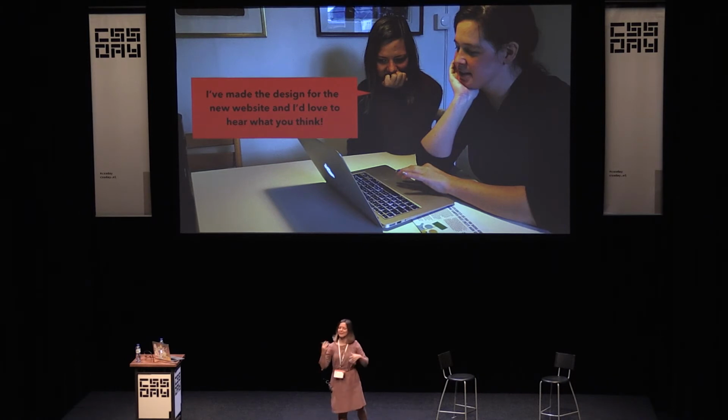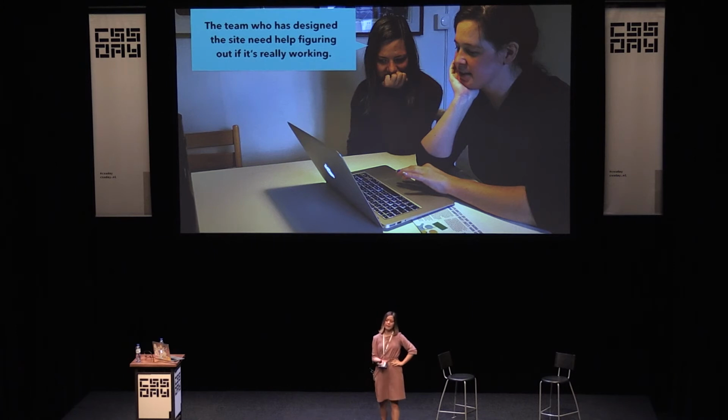So I'm basically inviting you to just give me all your opinions, like, well, I don't like purple, or things like that. So instead, I'd go with something like, the team who's designed the site needs help figuring out if it's really working. I'm going to repeat this, but if you keep thinking in the context that the user is there to help you, you can often avoid saying things that would mess up the test situation.